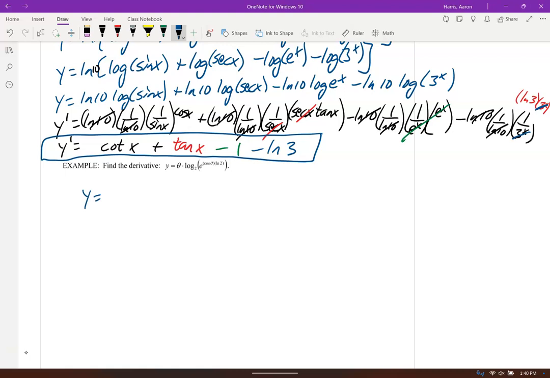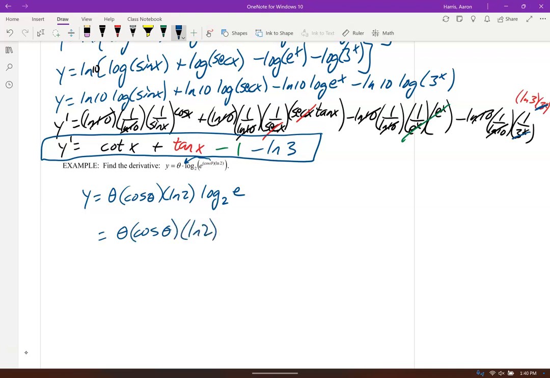I'm going to rewrite this. Let me leave my theta here. I'm going to use the power rule and put that in front. So I've got cosine theta, ln of 2 in front of this log base 2 of e. And then what I'm actually going to do is use my change of base formula, just because I see this ln of 2.